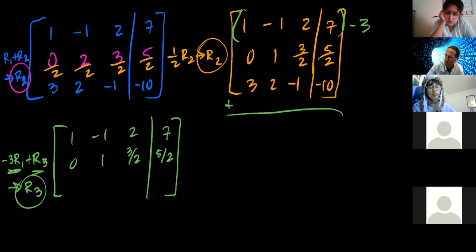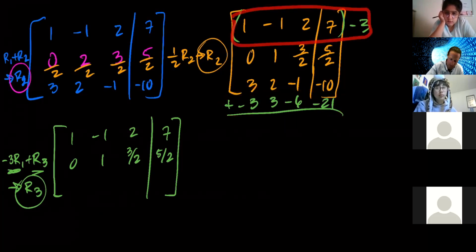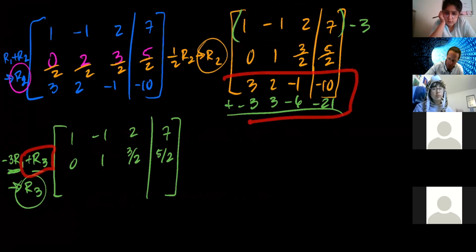So that's going to give me a -3, 3, -6, and -21. Does everybody understand where I got these numbers from? I'm multiplying row 1 by a -3, but then I'm going to add it to row 3, so I'm putting it right underneath.